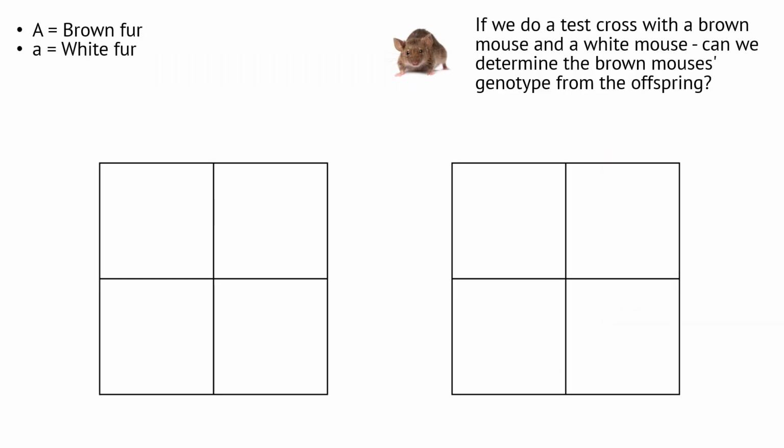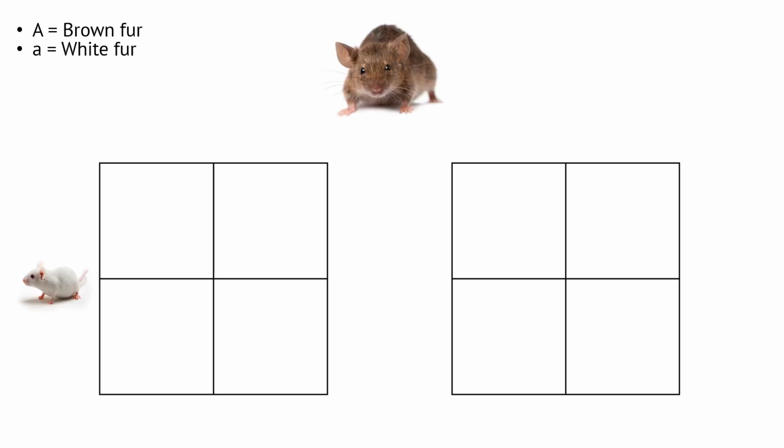So let's look at this mouse here. So we're going to do a test cross. So we're going to cross this mouse with the white mouse. So I've put the genotypes in here. So this brown mouse definitely has a capital A. If they have a lowercase a, when we cross it with the mouse that is homozygous recessive, we're going to have these combinations, right?